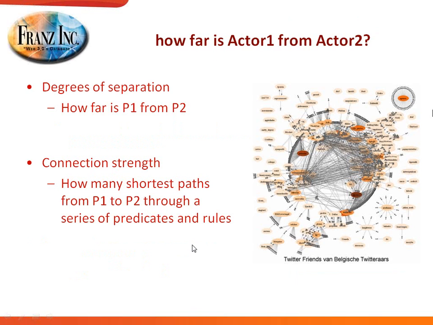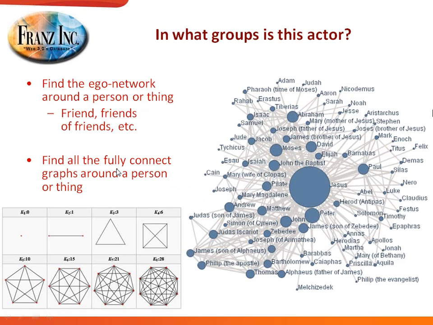social network analysis or graph functions. Usually what I do, I categorize them in 4 different ways. I say the first one is how far is actor 1 from actor 2? So we do degrees of separation, the shortest path, how far is P1 from P2? And we can compute the connection strengths between 2 nodes. We can, and I will show this in a second, find the groups that a particular actor is in.